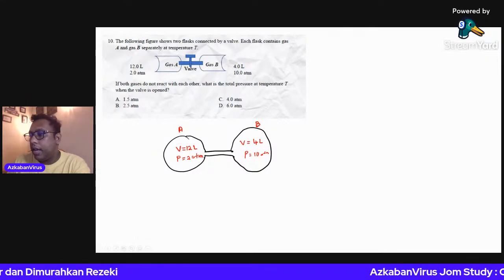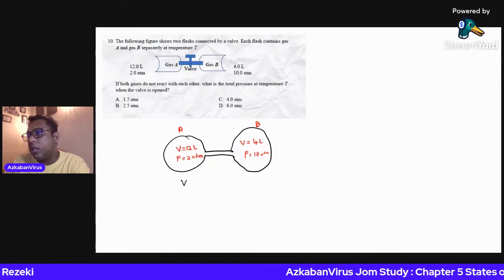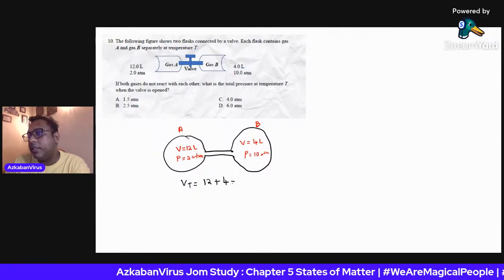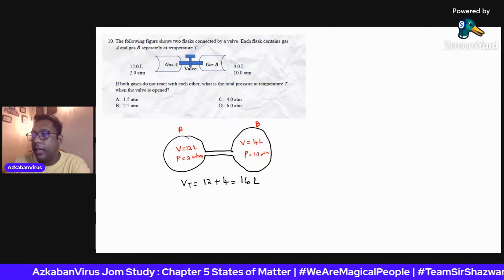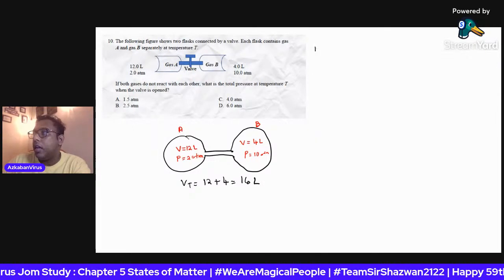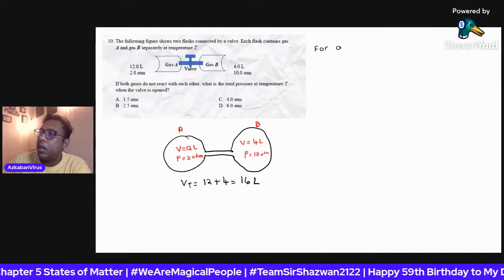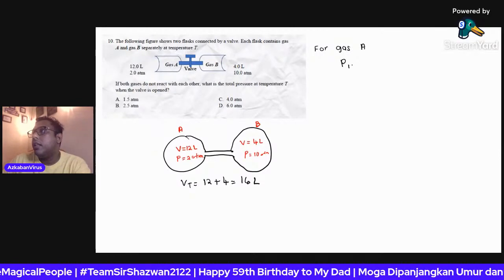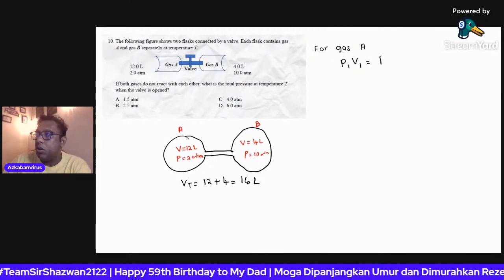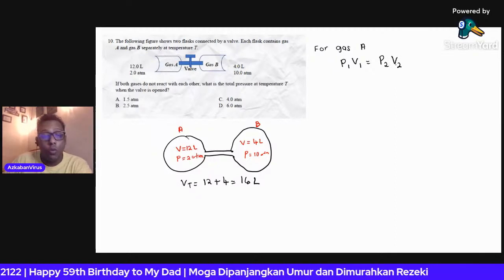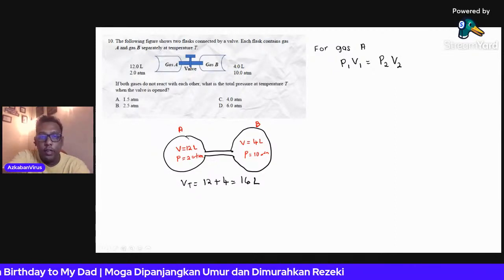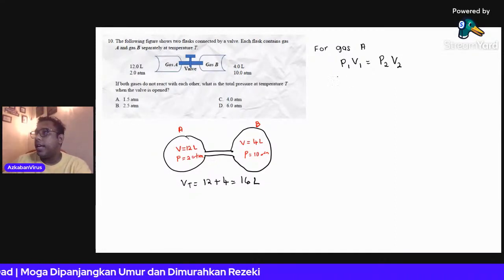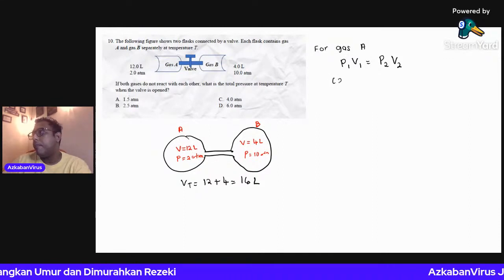Okay. Untuk gas A, V total is equal to 12 tambah 4, which is equal to 16 liter. So, for gas A, P1 V1 is equal to P2 V2. Okay, kita guna Boyle's law saja. So, P1 kita adalah 2 atm.